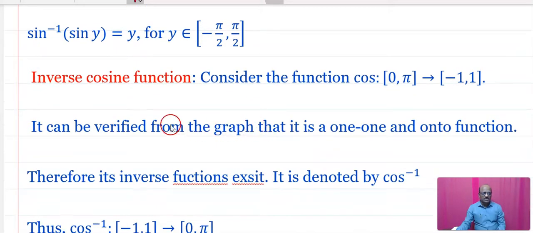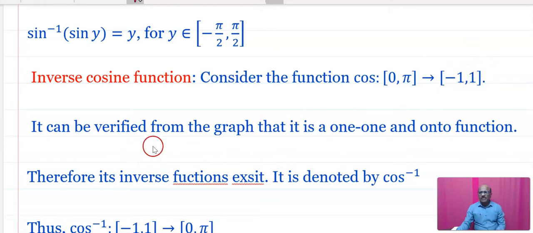Now the next, inverse cosine function. Consider the function cos from 0 to pi to minus 1 to plus 1. The cosine is defined from the closed interval 0 to pi to the closed interval minus 1 to 1.